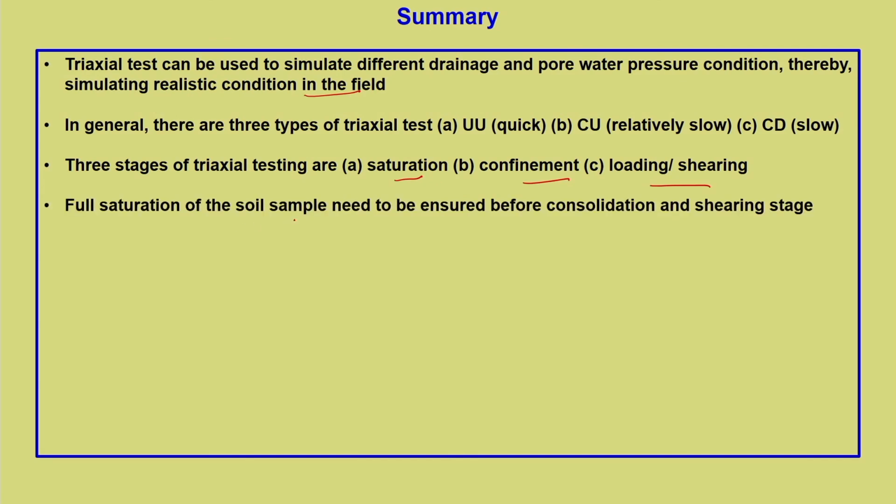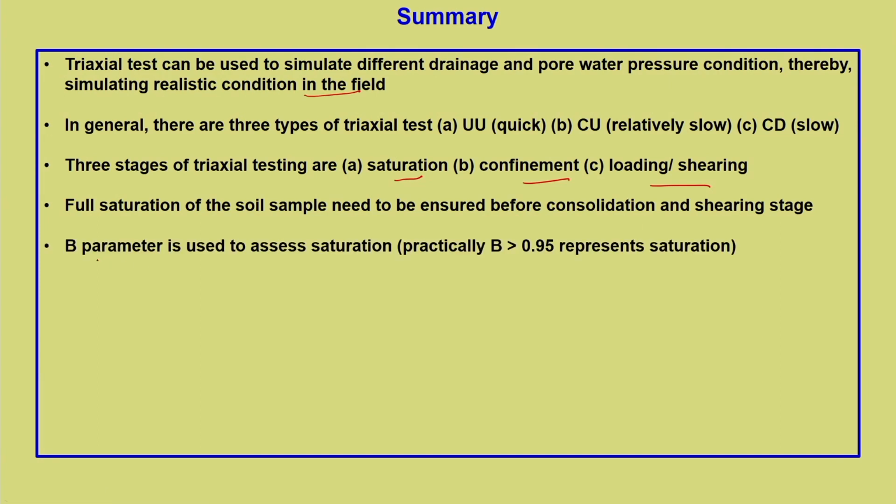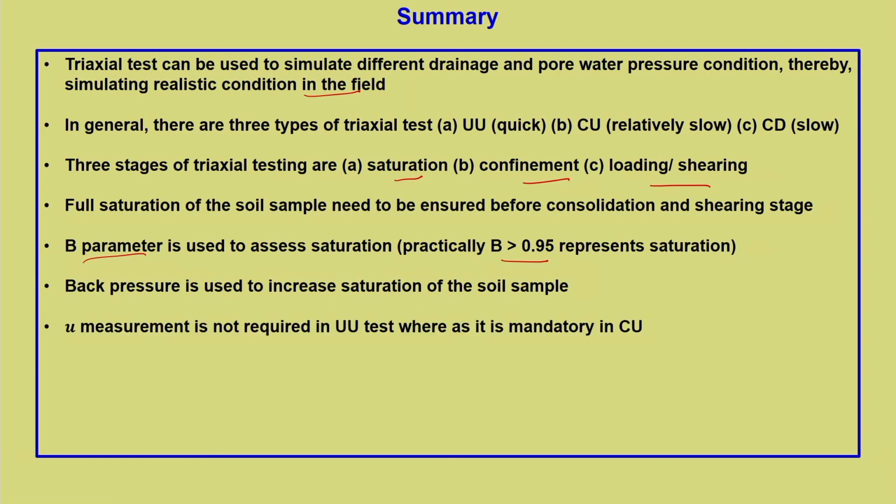Full saturation of the soil sample needs to be ensured before the consolidation and shearing stages. The B parameter is used to assess saturation, and practically B greater than 0.95 represents saturation. Back pressure is used to increase saturation of the soil sample in case it is not fully saturated. U measurement is not required in the UU test, whereas it is mandatory in the CU test.